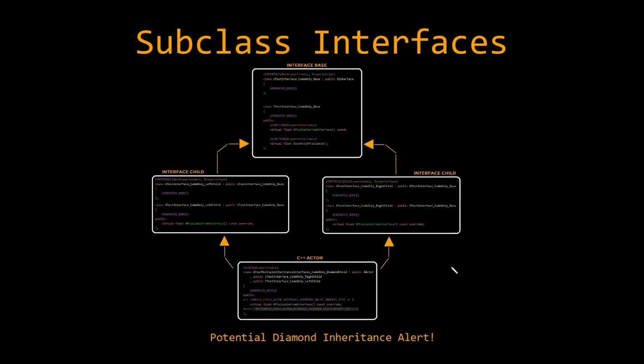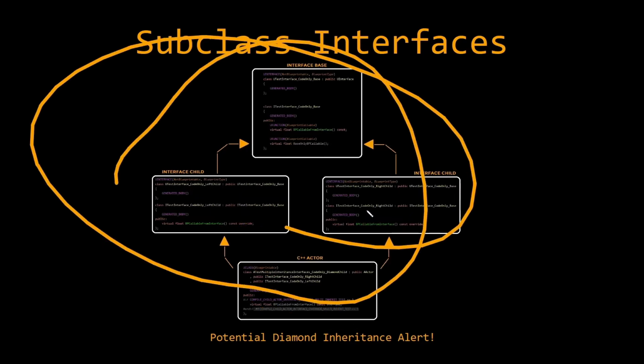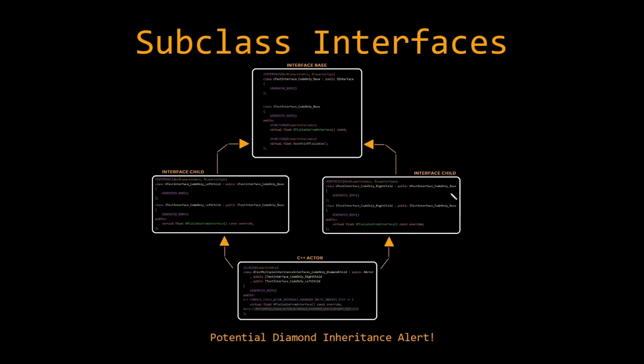Now, I would not use interface inheritance lightly because you can end up in a circular inheritance situation. So let's say we have the parent interface and we have a left child and a right child, and they're both inheriting from this interface. And then maybe some actor wants to inherit from both of these. So you end up in this diamond inheritance pattern issue. But if you go down this route, you need to look up virtual inheritance and how to handle multiple inheritance in C++.